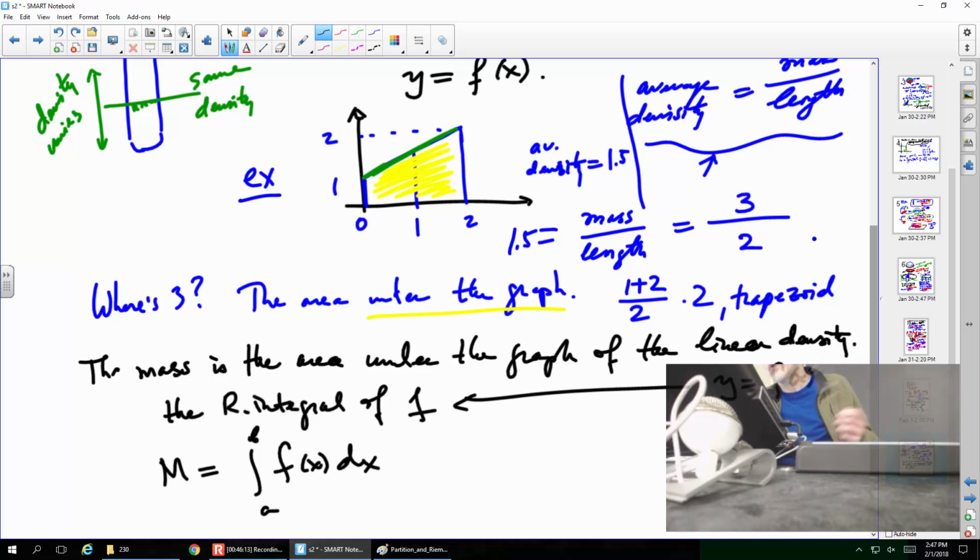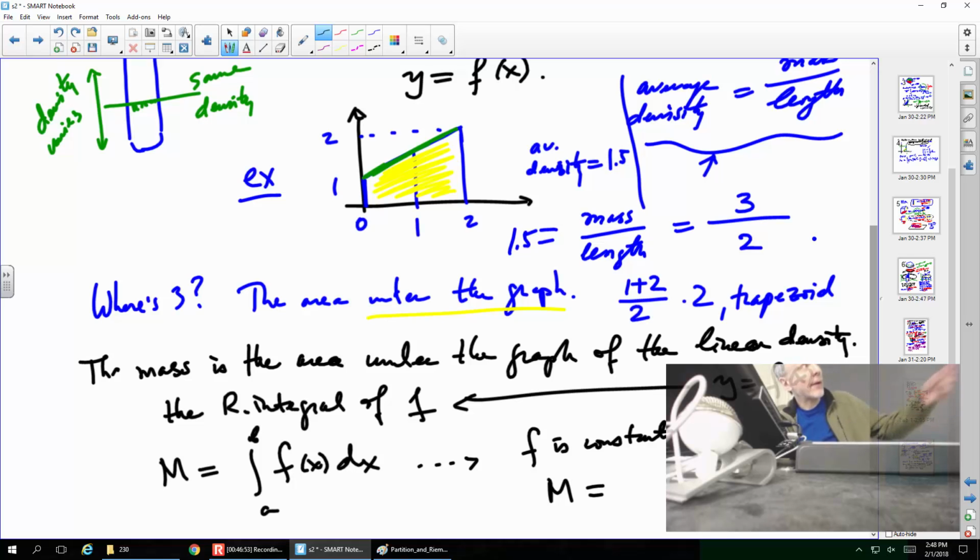Okay, so if we go back all the way to an object that is entirely uniform, which means that the density is constant, what does this integral turn into? So f is constant, then what? How do you integrate a constant function?